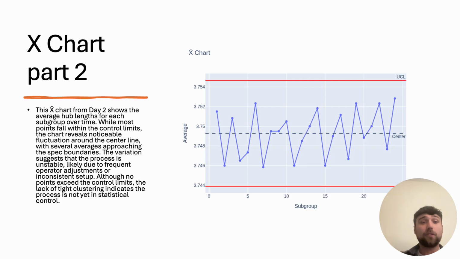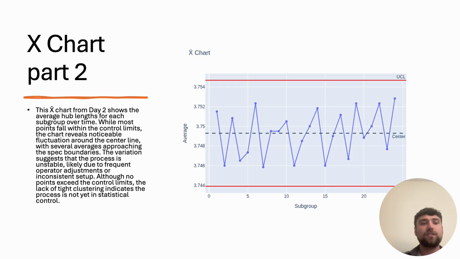So now we're moving on to part 2. This is my X chart for part 2. This X chart from day 2 shows the average hub lengths for each subgroup over time. While most points fall within the control limits, the chart reveals noticeable fluctuation around the center line, with several averages approaching the spec boundaries.